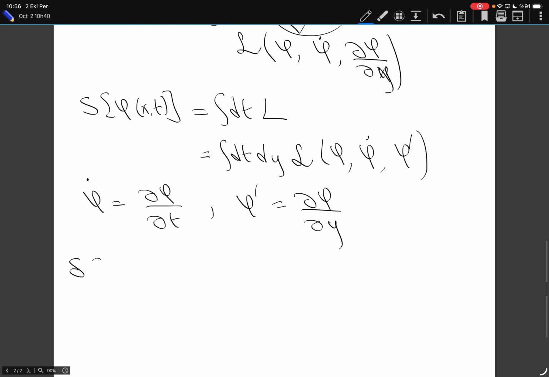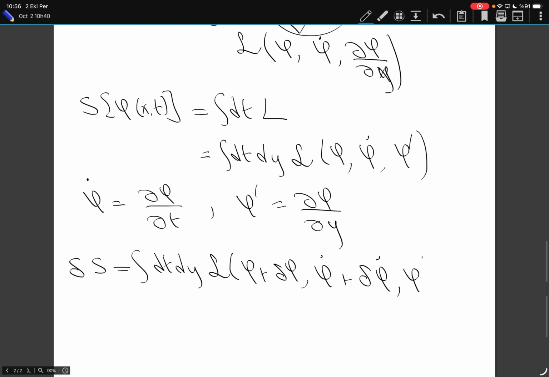Let me look at the variation of the action if I change phi very slightly. Phi will be phi plus delta phi, phi dot will be phi dot plus delta phi dot, and phi prime will be phi prime plus delta phi prime, minus this thing.